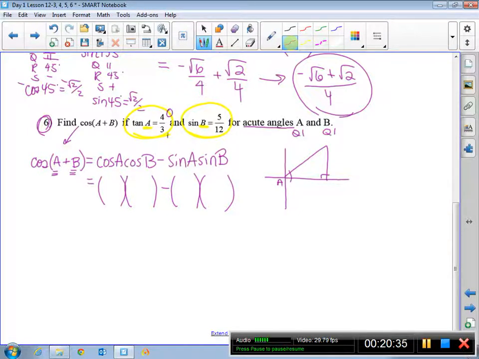It's opposite over adjacent, so SOH CAH TOA. So a 4 on the opposite and a 3 on the adjacent. Quite nice numbers by the Pythagorean theorem. You know that your hypotenuse will be 5.